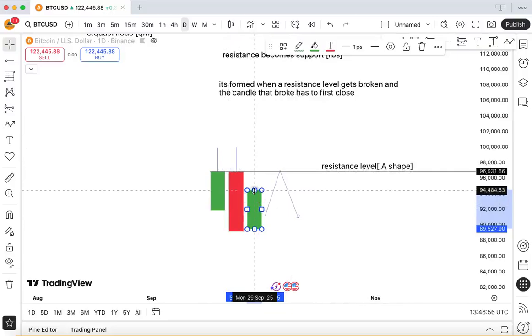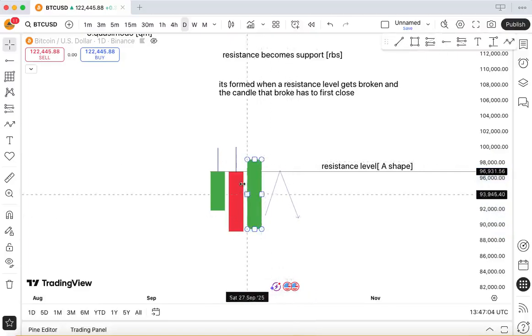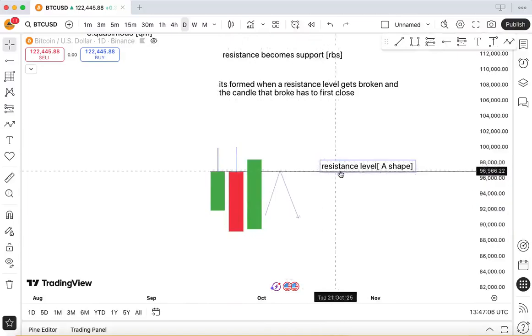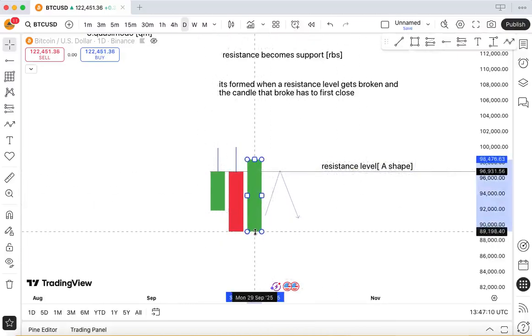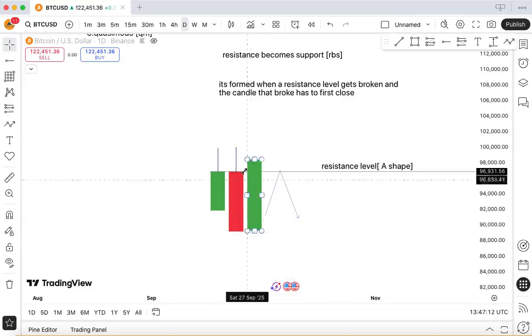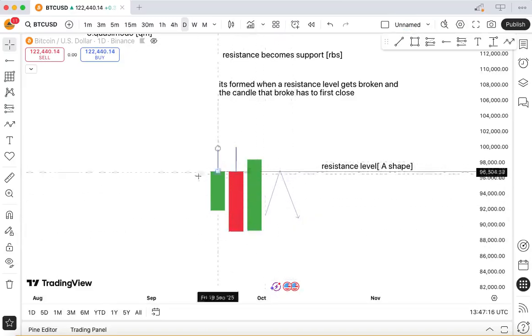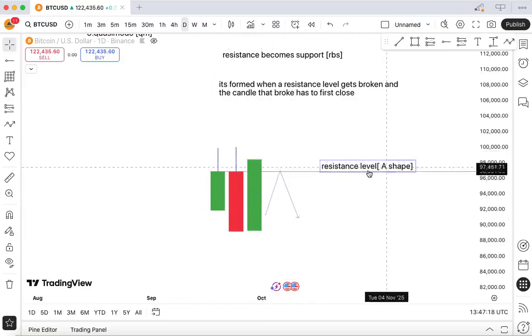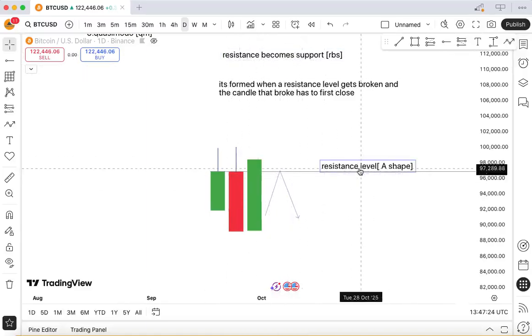And then after a while or right away, the next candle comes and it does something like this. What was this level? It was a level of resistance. Then after, the next candle did what? Broke this level. After breaking this level, it is no longer a resistance. Now it is an RBS. It was a resistance, now it is a support.